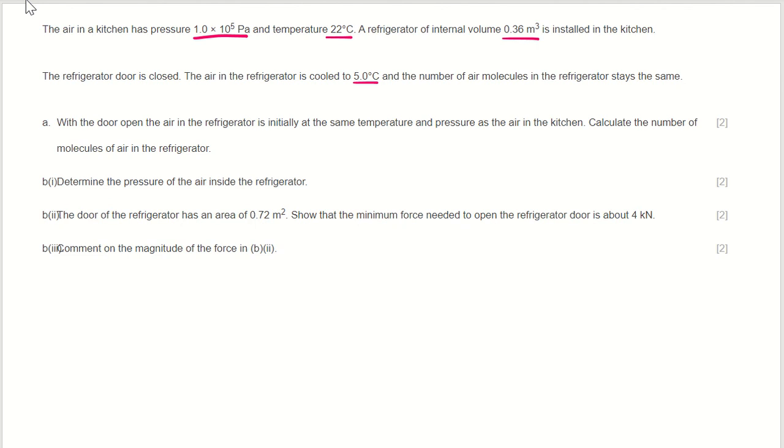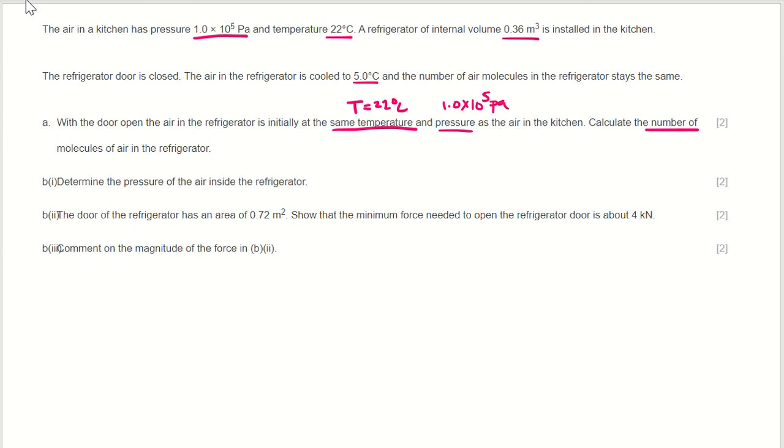With the door open, the air in the refrigerator is initially at the same temperature and pressure as the kitchen. So the T is going to be 22 degrees Celsius, and the pressure is going to be 1 atmosphere, which is 10 to the power 5 Pascal.